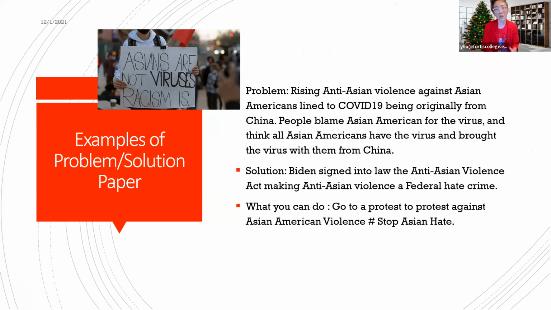The problem is because COVID-19 originated in China, a lot of people think that if you're Chinese or Asian American, it's your fault that there's COVID-19. And so there's a lot of anti-Asian violence going on. And so that's the problem. And then the solution is that Biden signed into law the Anti-Asian Violence Act, making anti-Asian violence a federal hate crime. So here you have an example of a problem solution topic.